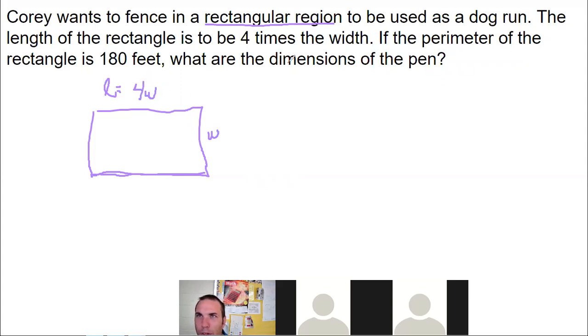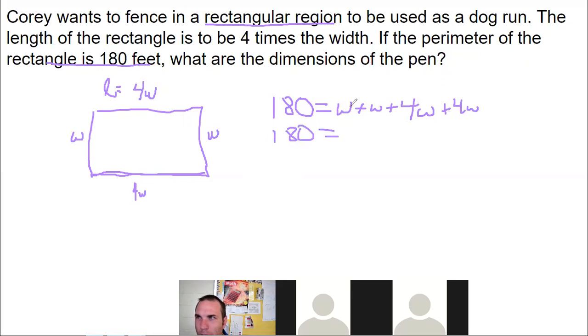And so the perimeter of the rectangle is 180. How do you get to 180? Well, you add up this W, and then you add up the length again. I know the length is 4W. So I've got W plus 4W plus W plus 4W. And so I've got 180 is equal to, combine like terms, 10W.